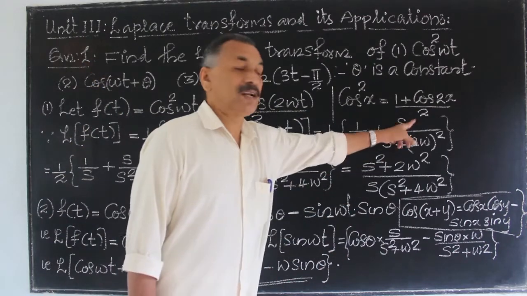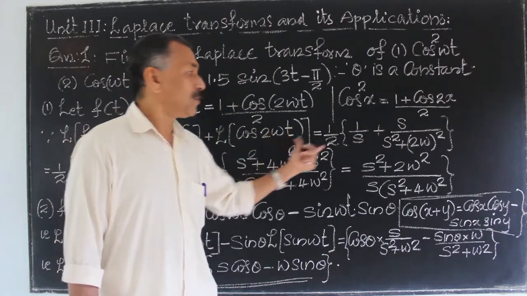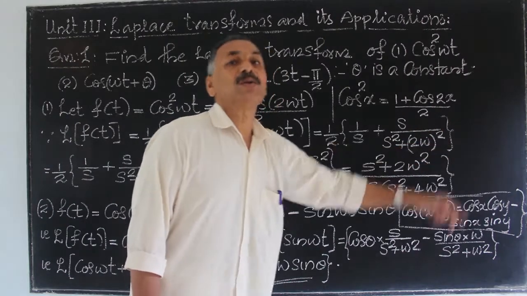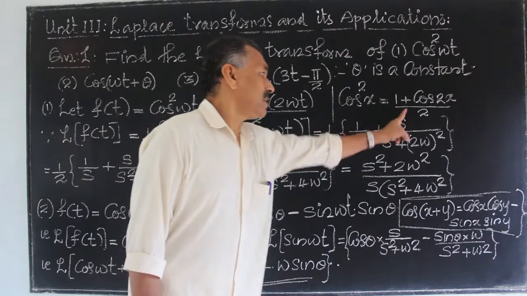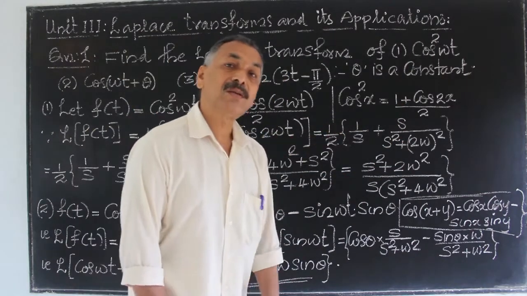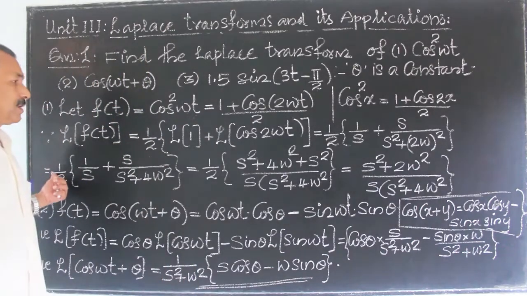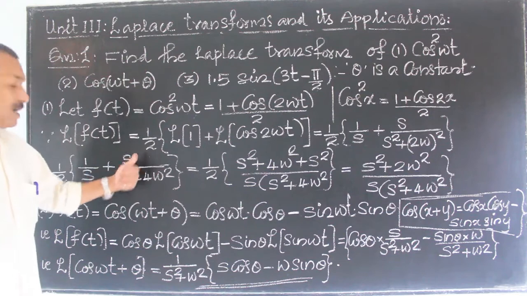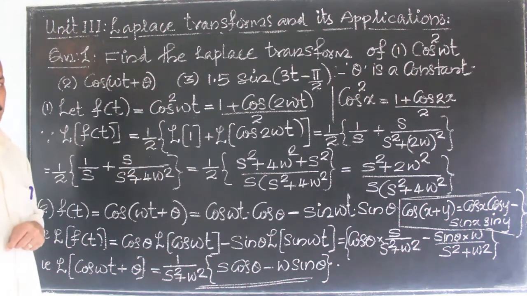Here it is cos of 2 omega t, so a is 2 omega, that is s divided by s square plus 2 omega whole square. That is equal to 1 by 2 into 1 by s plus s divided by s square plus 4 omega square.